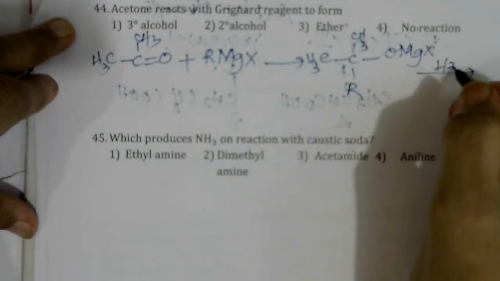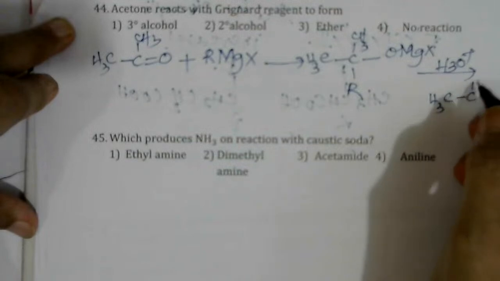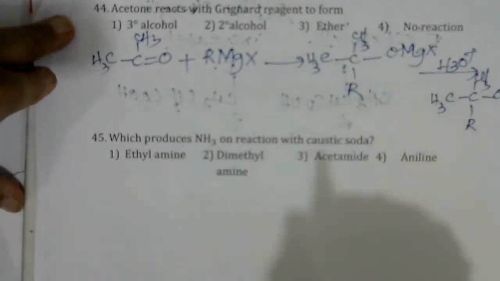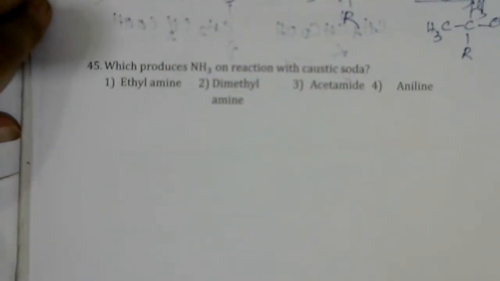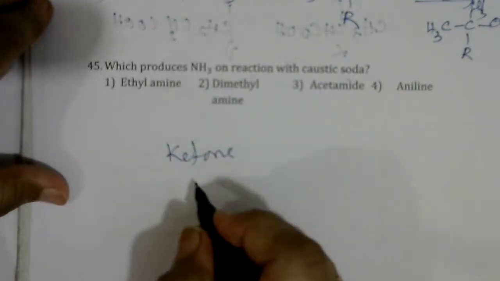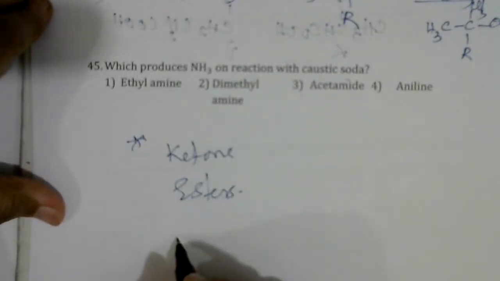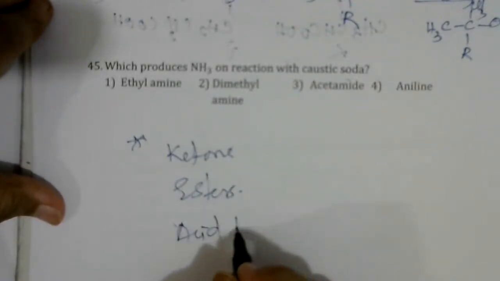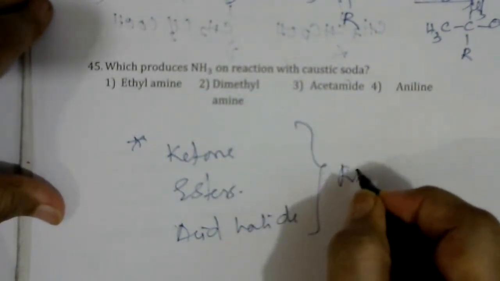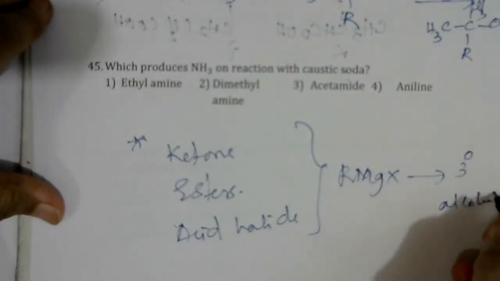On hydrolysis, they are converted into what, children? Tertiary alcohol. One thing you need to remember over here: ketones, esters, and acid chlorides, acid halides, when treated with Grignard reagent, the product is tertiary alcohol.